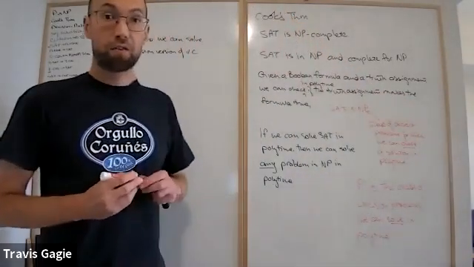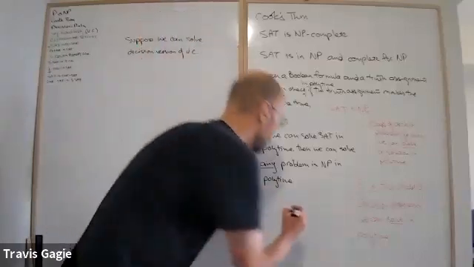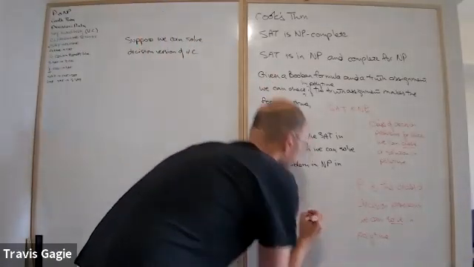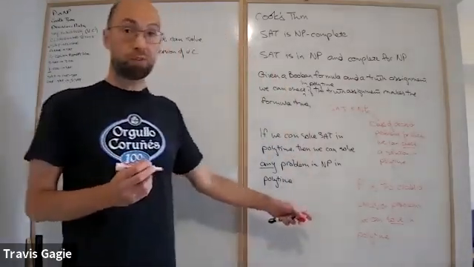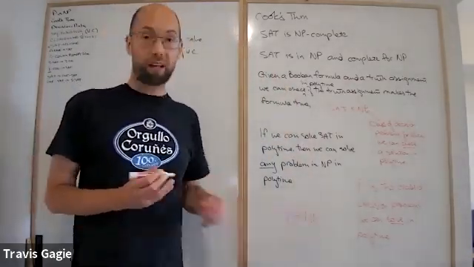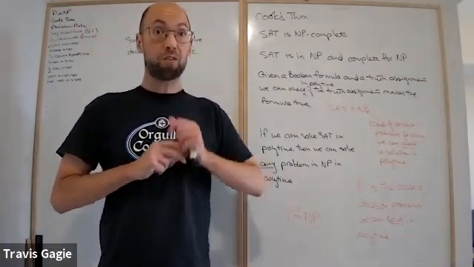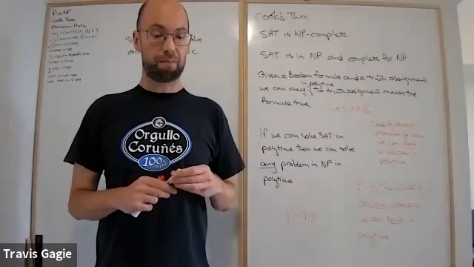Okay, so the question is: is P equal to NP? Does that mean that if P is equal to NP, then if you can check a solution in polytime, you can find a solution in polytime?